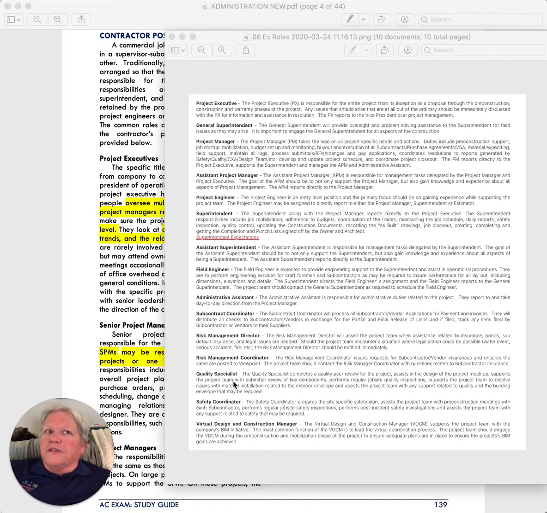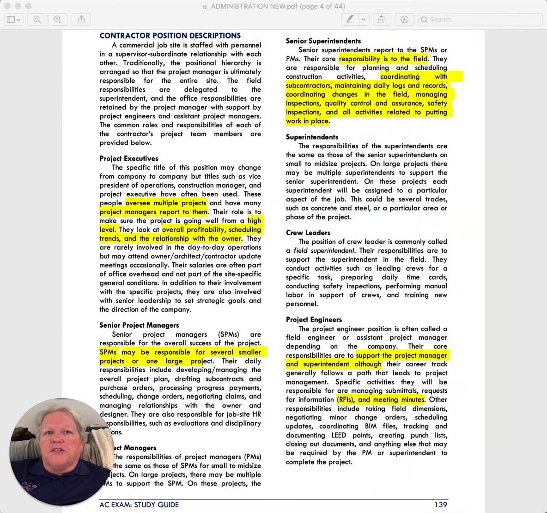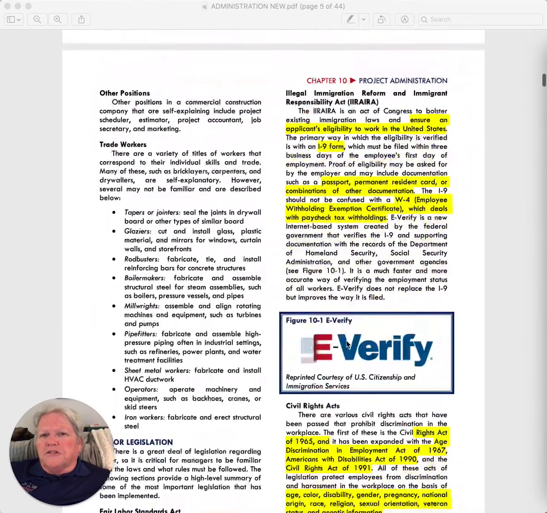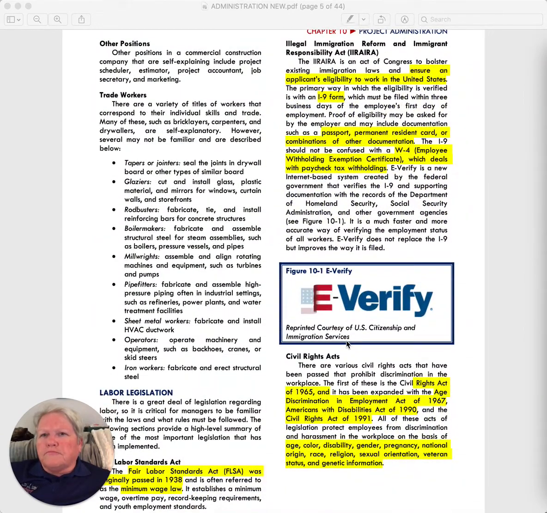The reason it works this way is so that there's a check and balance system in place to make sure that things get done appropriately. Virtual design and construction manager, that's the modern day term for BIM. So that's a specific description of all of these positions that are listed here in your study guide.